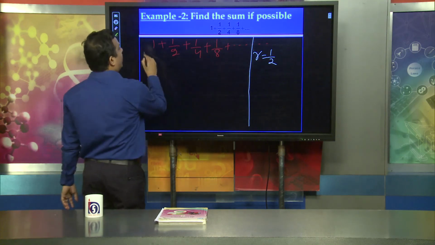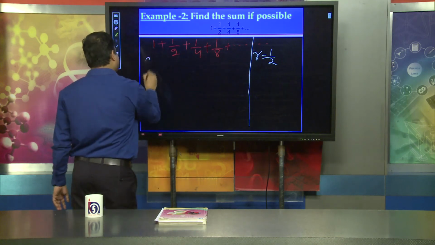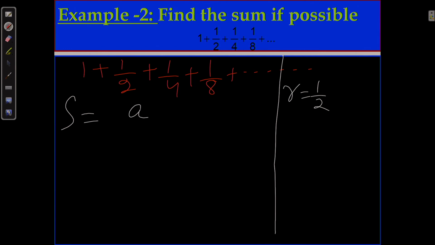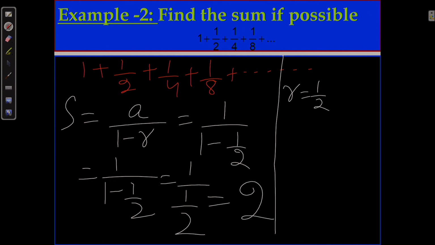Now to find the sum, we know the sum equals a divided by 1 minus r. The value of a is 1, so it is 1 divided by 1 minus 1 by 2, that is 1 divided by 1 by 2, and that value is equal to 2.